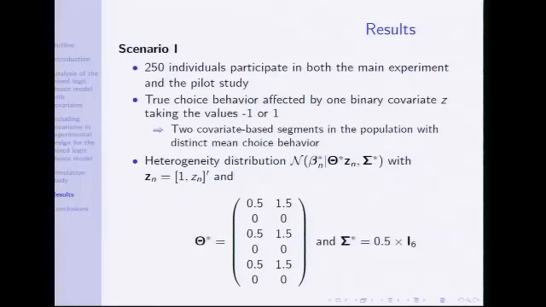So as choice behavior is affected by the binary covariate, we simulated the true model parameters from this multivariate normal distribution, where here you can see the values that we assumed in the study. So this binary covariate divides the population in 2 subpopulations, 2 segments with different mean choice behavior.